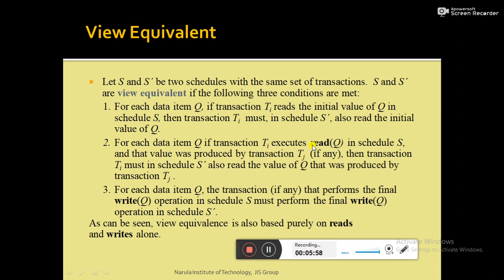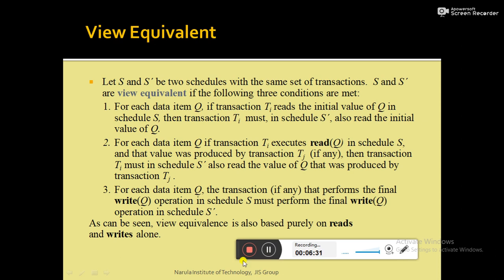Suppose in schedule S, transaction Ti reads a data item Q and that data item Q was previously written by transaction Tj. Then in schedule S prime, Ti must also read the value of Q that was produced by transaction Tj. All these three conditions will become clearer if we explain them with an example.